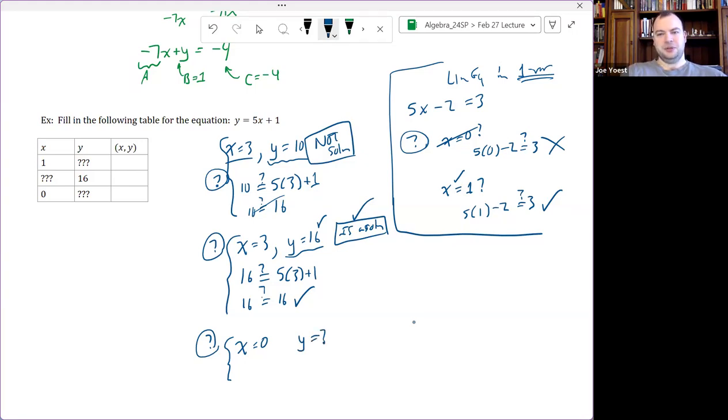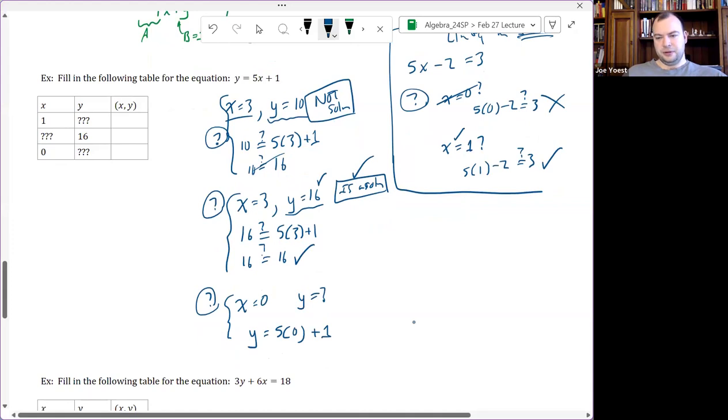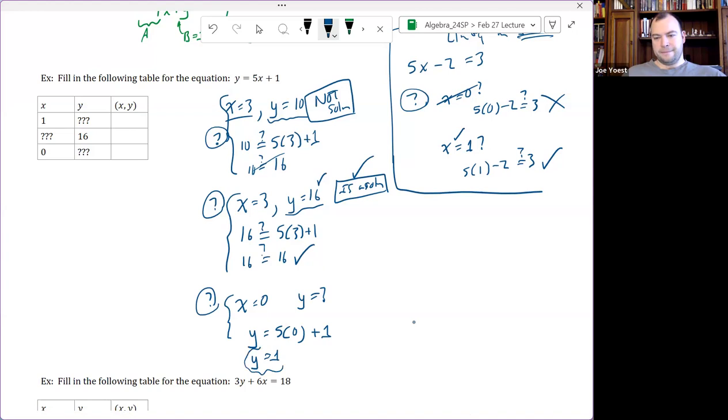What if I plug in x equals 0? What is the y, or possibly multiple y's, or possibly no answer, but what is the value of y that I would have to choose to plug in here to make this a valid equation? I see I can simplify the right-hand side. I get a valid equation if and only if y equals 1.